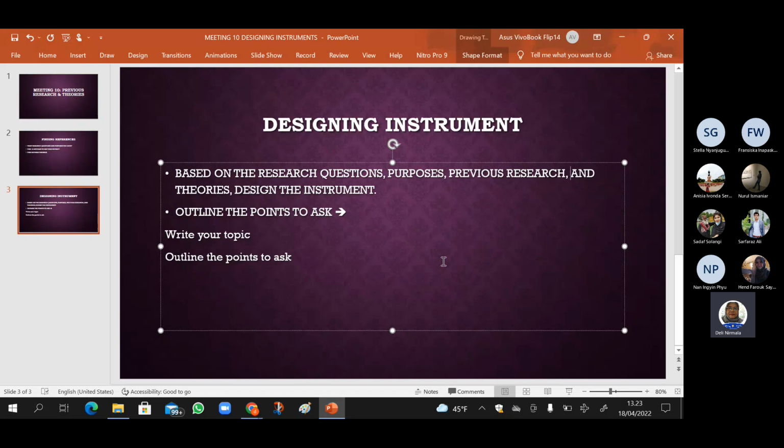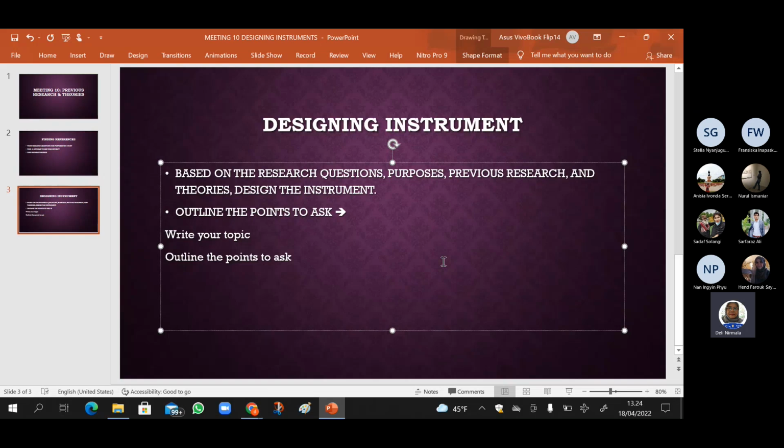And then theories. From this, you can get the background of the research that you have, and then design the instrument.